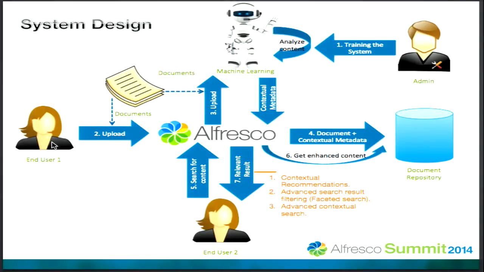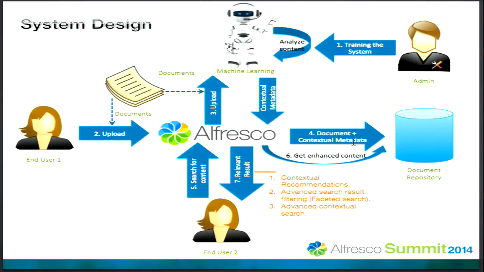When the end user uploads a document, we send it to the machine learning component to make decisions, for example, what is the category of the document. It then sends back the contextual metadata that can be added to the document, and we save this metadata with the document in the document repository.